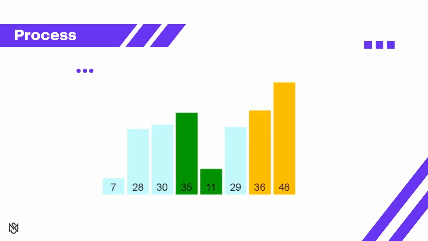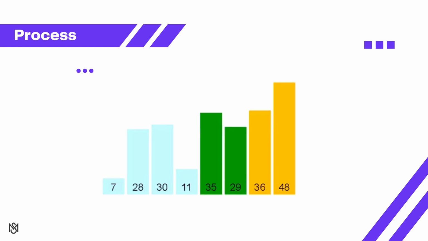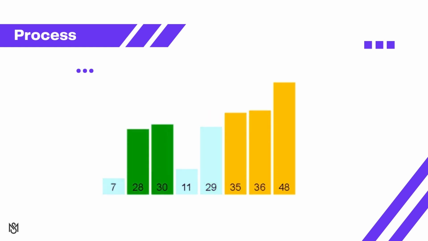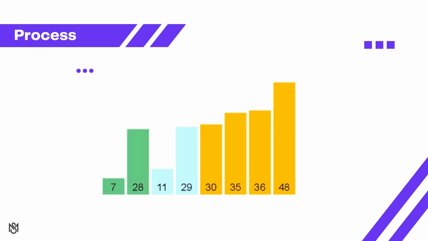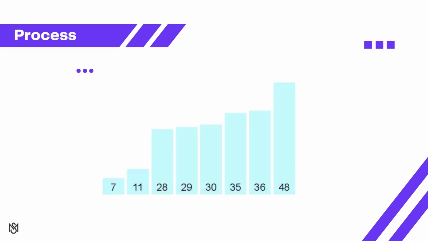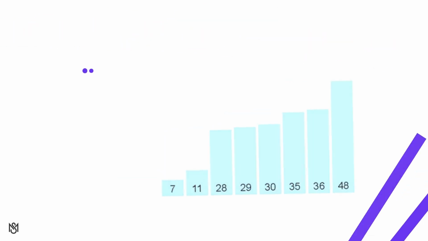Right now, third iteration is going on, and the 35, which is the greatest element of the unsorted array, is at its right position. Again, fourth iteration and 30 is at its right position. Now, fifth iteration and 29 is at its right position. So, this is how an array is getting sorted using the bubble sort algorithm.